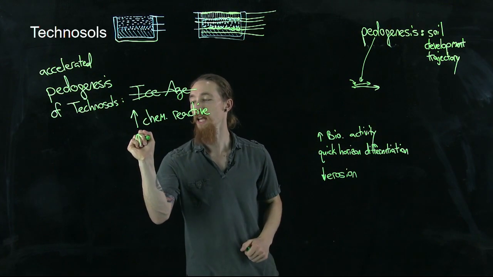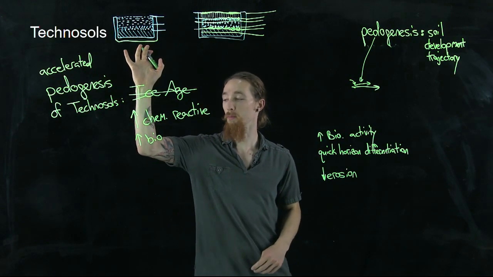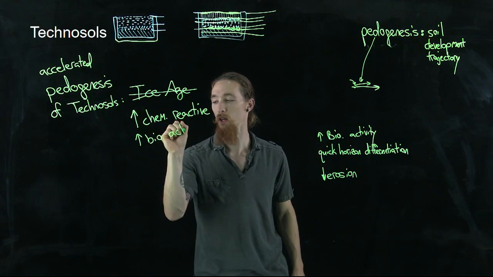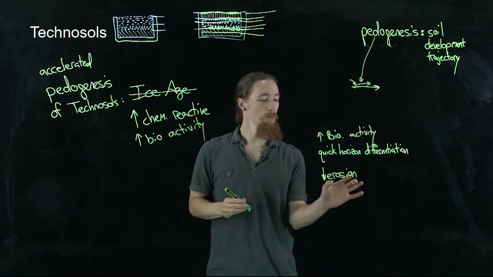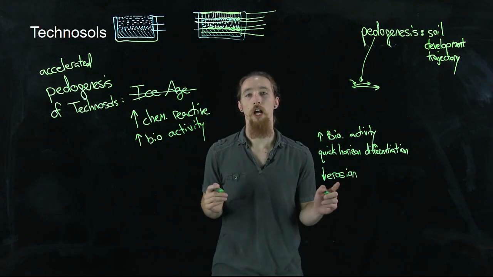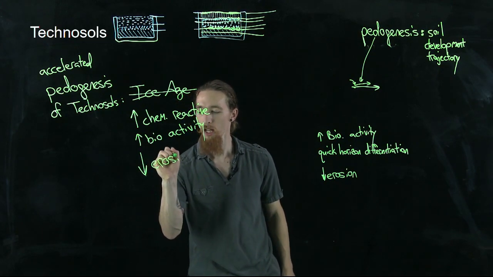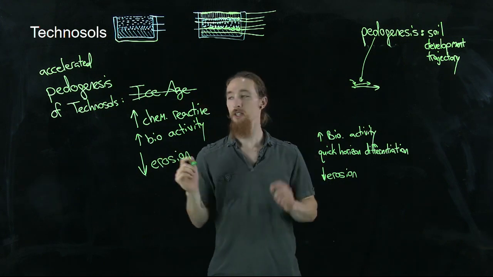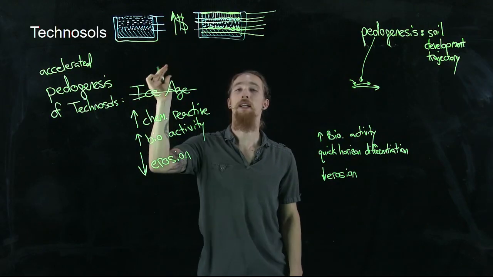And so we're seeing hand in hand not only chemically reactive materials, but also, of course, following that, this high biological activity. And then something which I missed talking about earlier, when we're saying low erosion: technosols typically don't have very much in the way of erosion because, again, it's a lot of money to make a technosol.